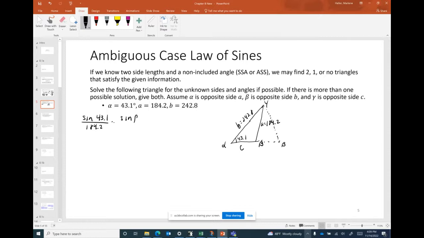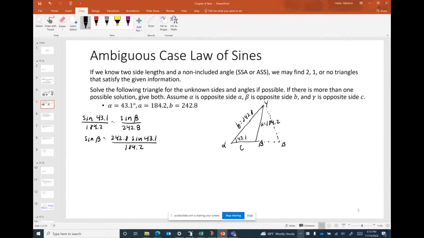Sine of beta, I'm going to find what it is though, over B, which is 242.8. Okay, that's a legitimate ratio. I'll just use cross products to solve. All right, and I'll have the sine of beta being equal to 242.8 times the sine of 43.1 divided by 184.2.